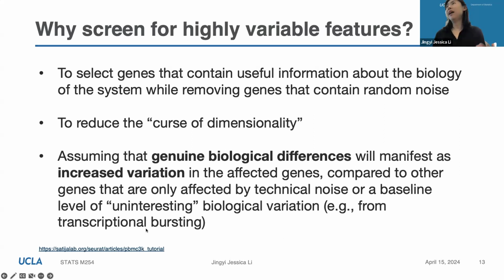This jargon means that a gene is constantly transcribed. Sometimes its level is higher, sometimes its level is lower, depending on the exact time when the cell is measured, right? But such differences should be considered not so interesting. And also the Poisson sampling difference from your sequencing is not so interesting. So for those, we don't want to keep those genes. But basically, that's what's here.